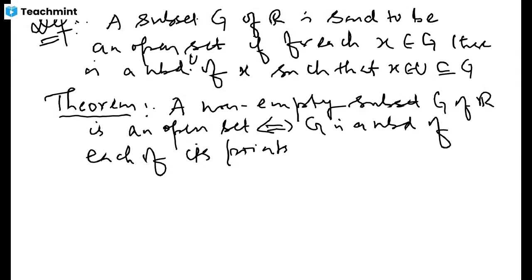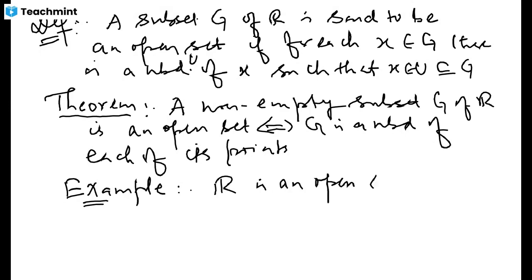Now, I will try to prove this theorem after discussing examples, which we can verify by using this theorem. Note that we just proved that R is the neighborhood of each of its points. So from this theorem, it follows that R is an open set.